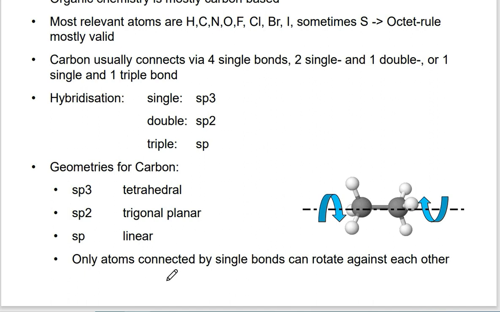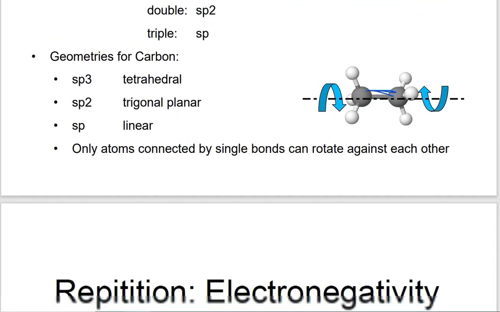And only atoms connected by a single bond can rotate against each other, like for example here we have a single bond between carbon and carbon. But when we have a double bond between them, then it's not possible to rotate the molecule without breaking the whole molecule. So we get completely different products.